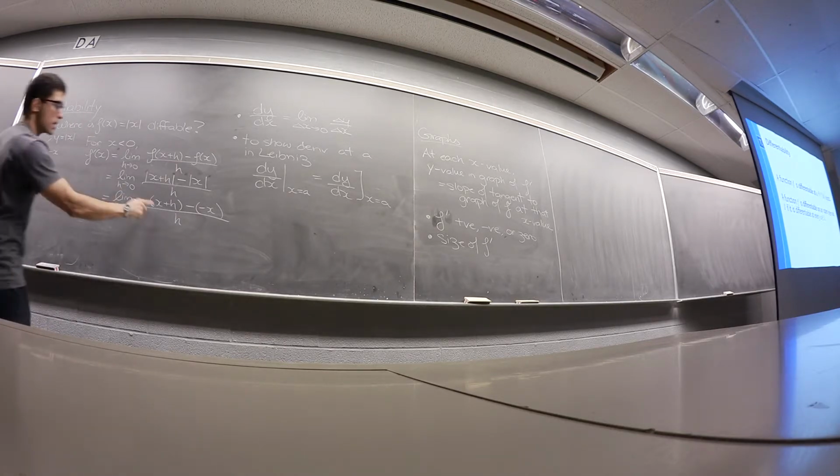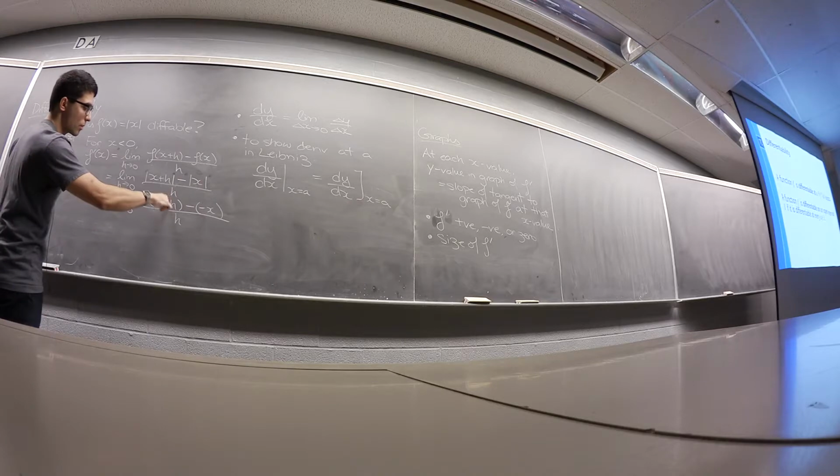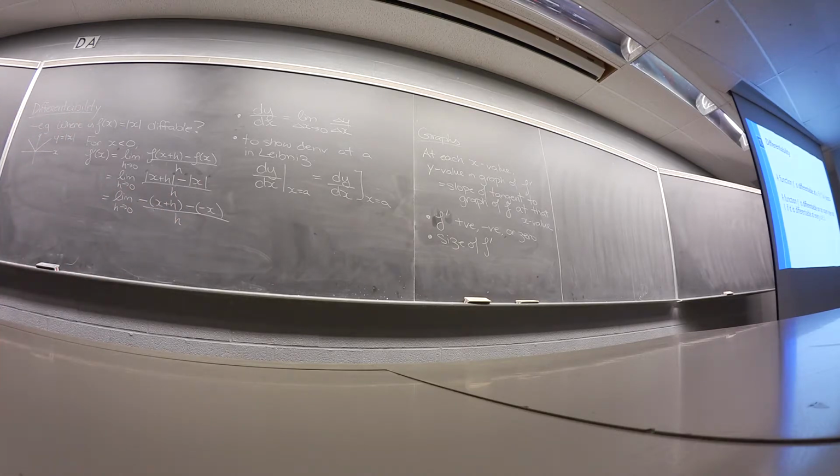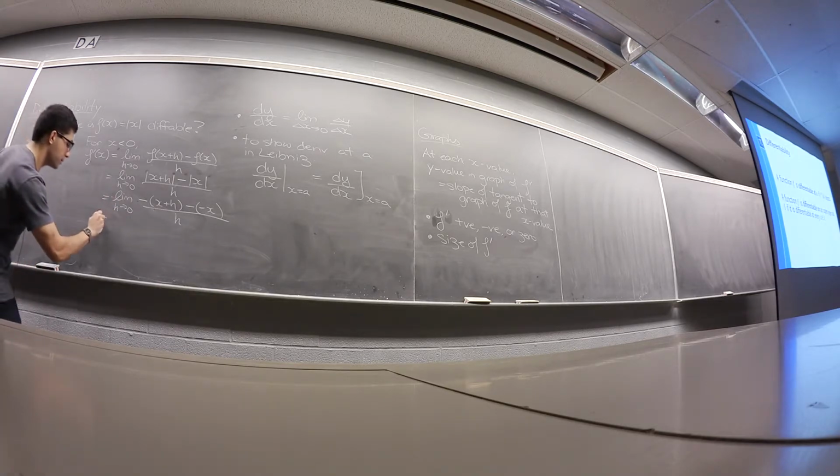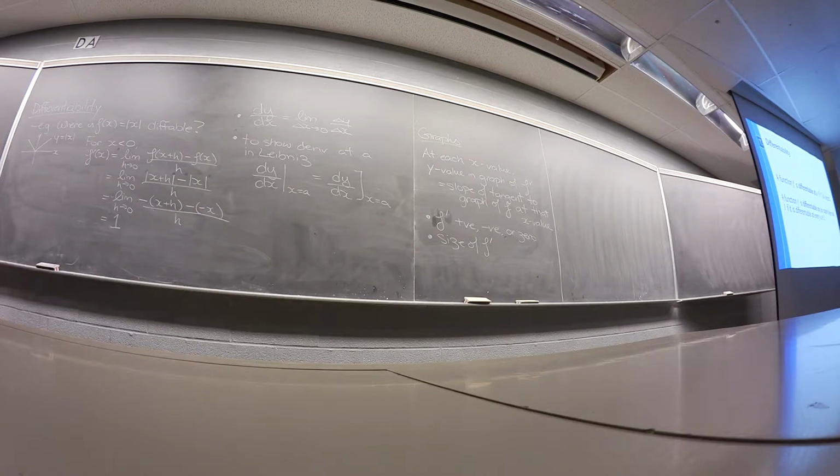What happens? Minus x plus x, ding ding. We get h over h. The h's cancel, and we wind up with 1. The limit as h approaches 0 of 1 is 1. If you can't do any of those steps, let me know. Okay, that seems pretty sensible. To the left, you draw tangents.